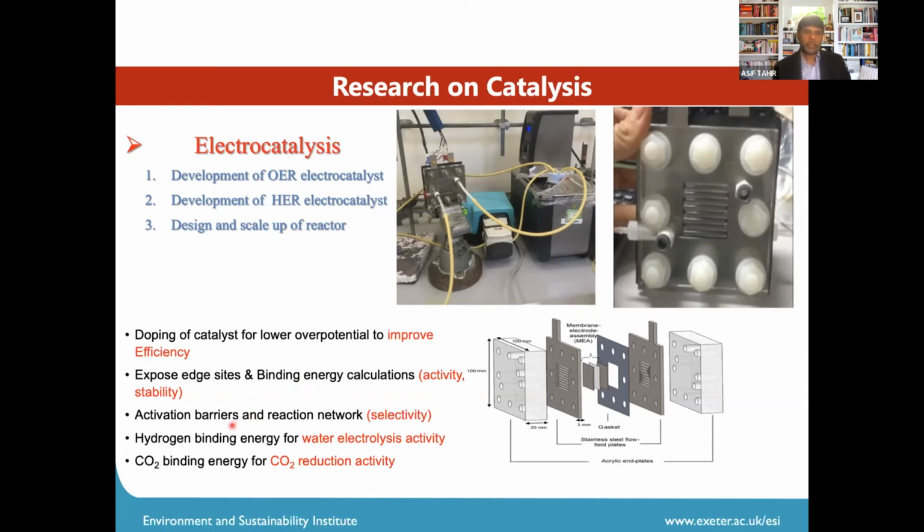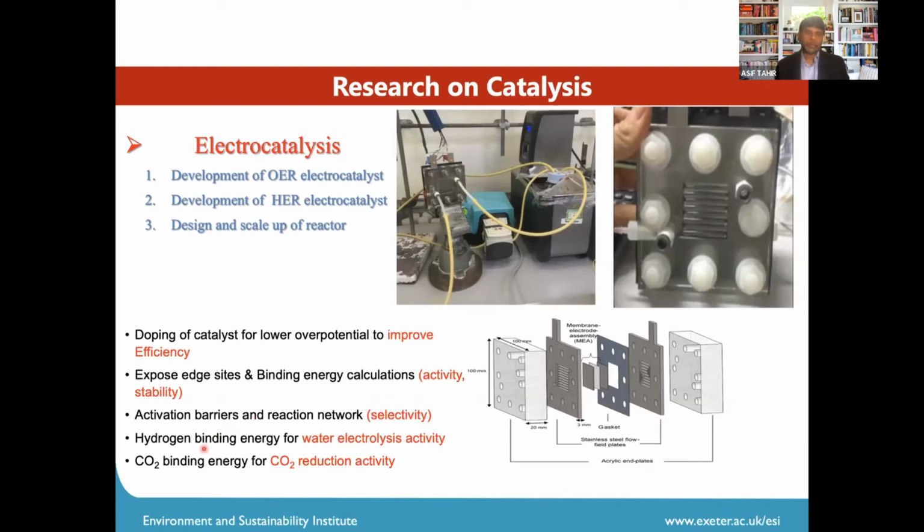Activation barrier and reaction network. In this case, for the electrocatalyst, it's very important that the electrocatalyst should be selective and should not react with any impurity or any other dissolved gases in the water. So selectivity is one of the key parameters.